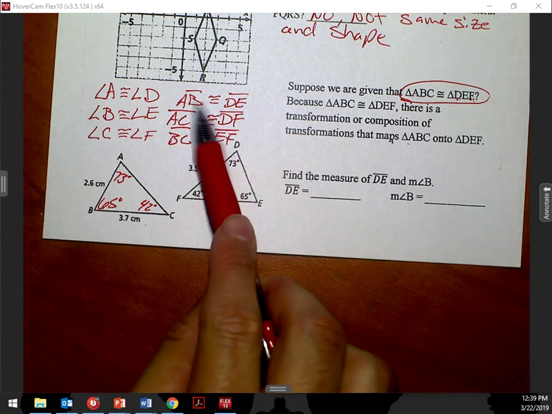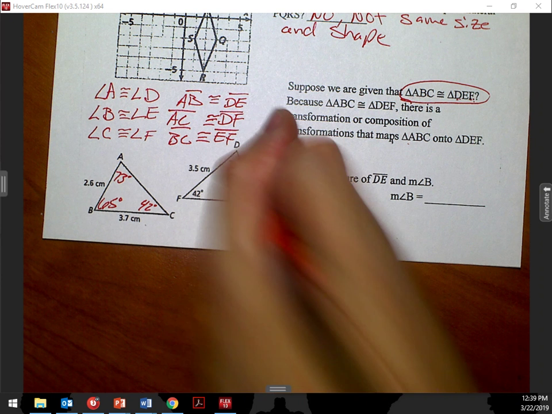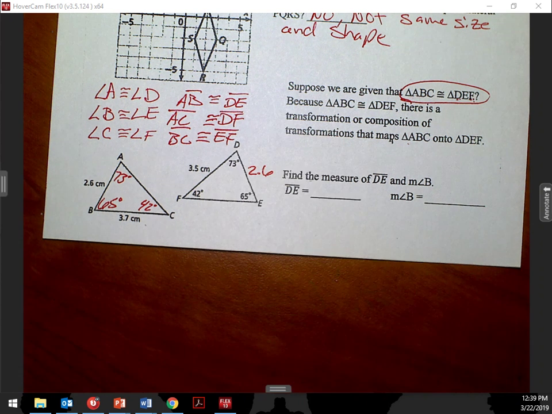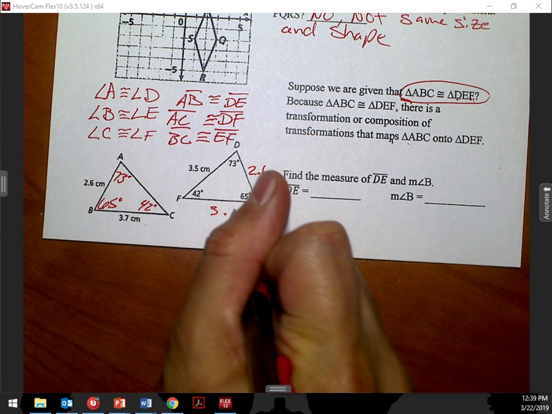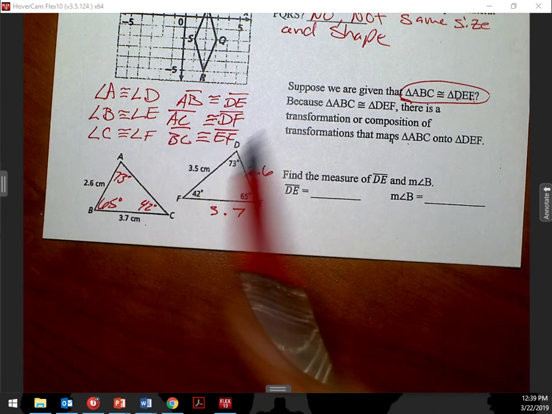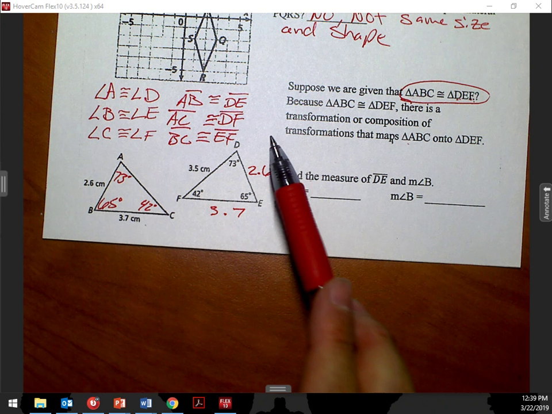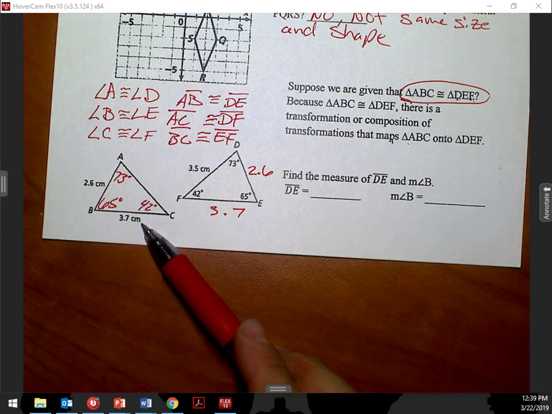Okay, so now what is DE going to be equal to? 2.6, because we mapped it out over here, right? So this is going to be 2.6 on this side. And FE? 3.7. So let's see, FE, right? FE or EF should be the same as BC, which is right there, right?